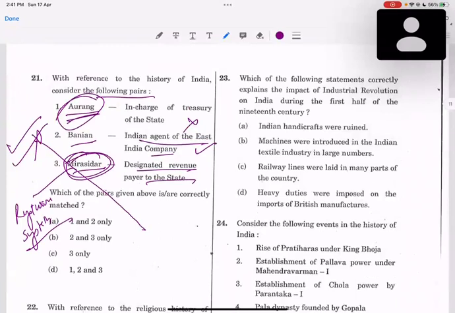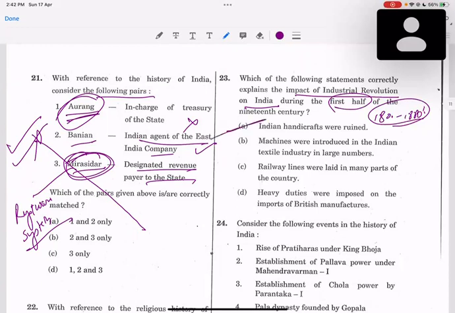Alright. Which of the following statements correctly explains the impact of the Industrial Revolution on India during the first half of the 19th century? The first half of the 19th century means basically 1800 to 1850s. It's clearly mentioned in Spectrum. Because of the Industrial Revolution, agriculture got ruined and our Indian handicrafts got ruined.